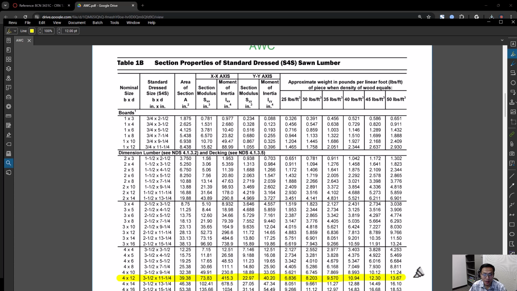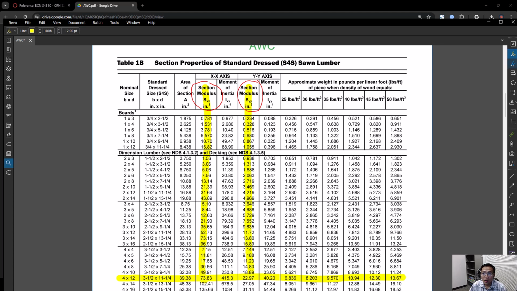I will highlight the whole row. And then the section modulus is right here and here as well. So let's highlight those. This one as well.